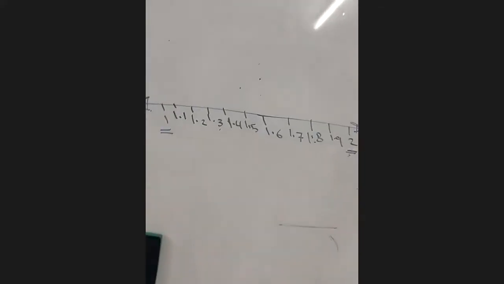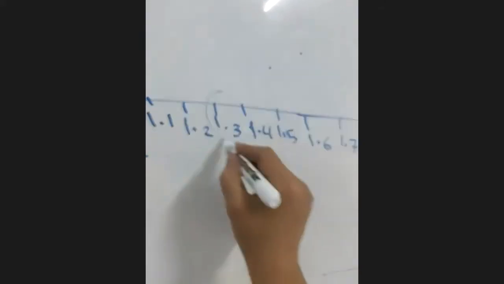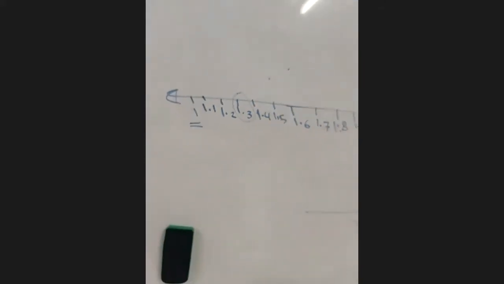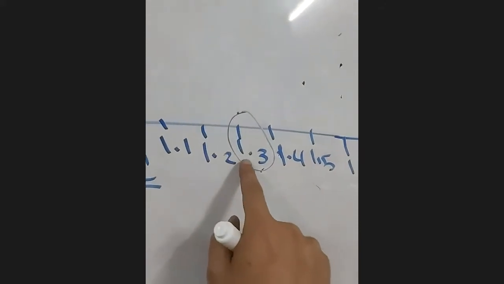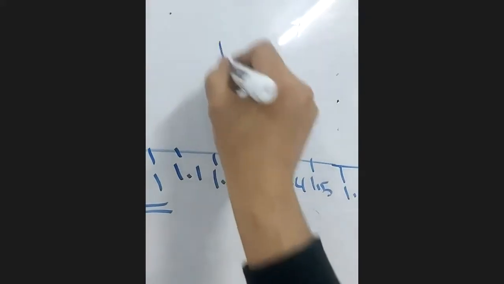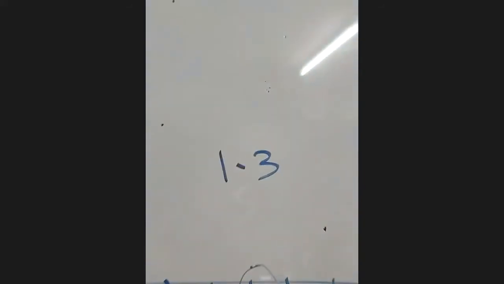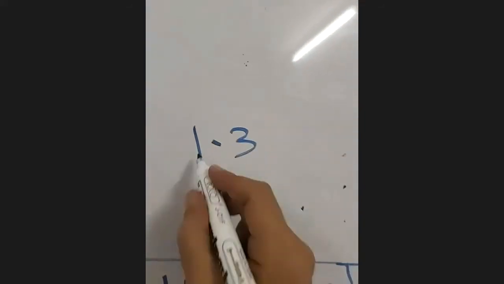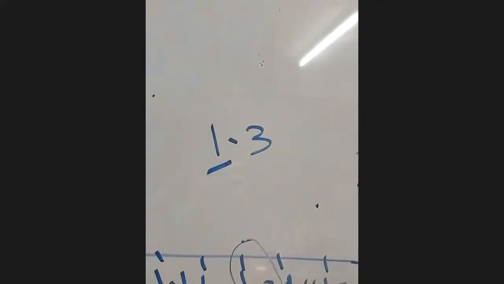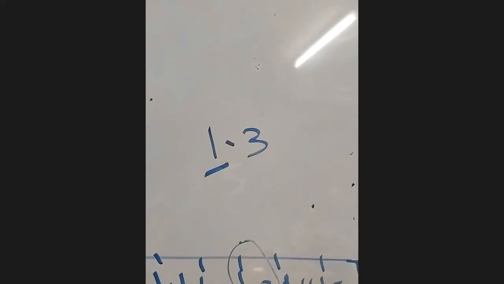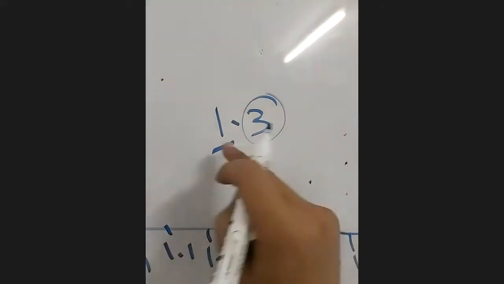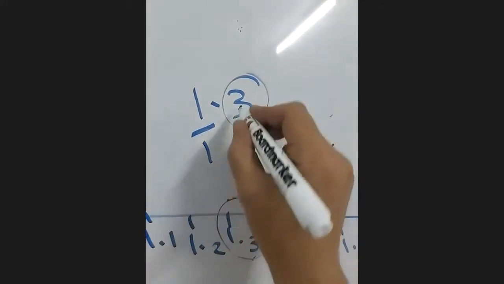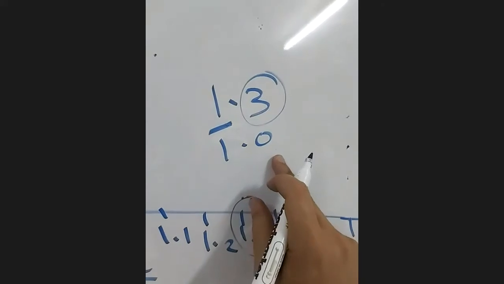Look here. Now, if I want to round this digit, 1.3, I want to round to the first whole number. What is the next digit? 3. That means the 1 stays 1, and the 3 will be 0.